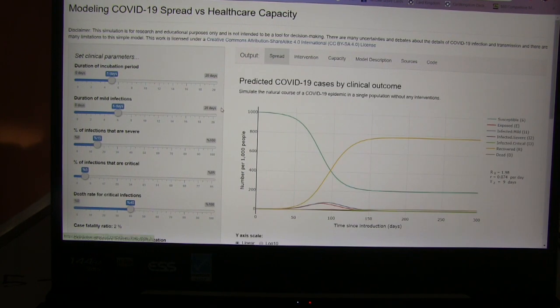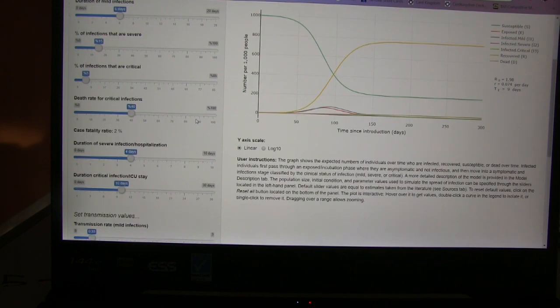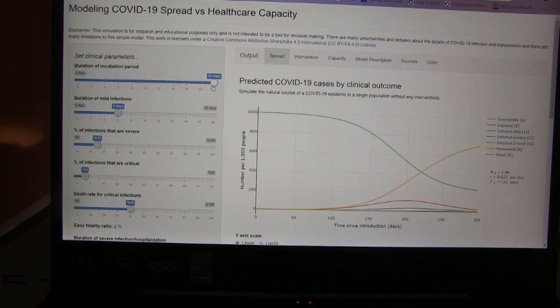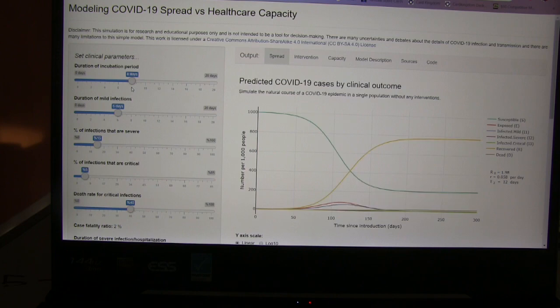So what are some things that you learned or thought were interesting playing around with this model? The incubation period changes. Okay, so what is it that you changed here? What difference did you see when you made that change? So this is increasing and decreasing how long someone would have the virus.